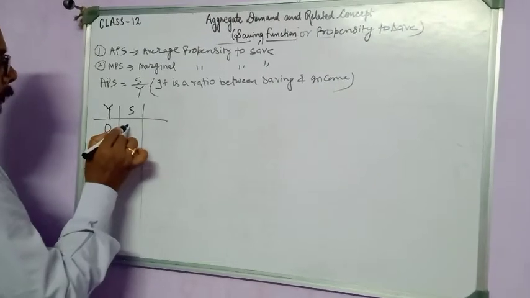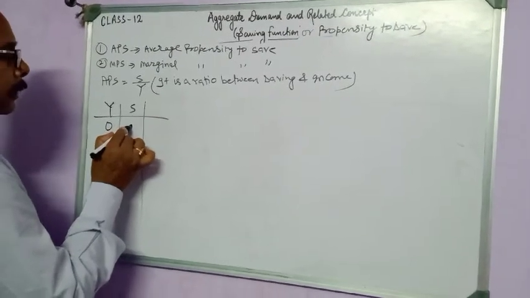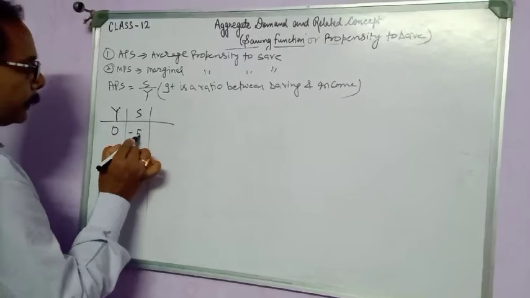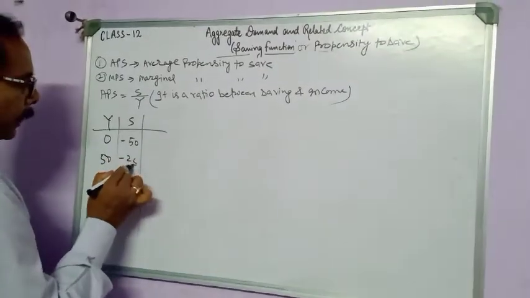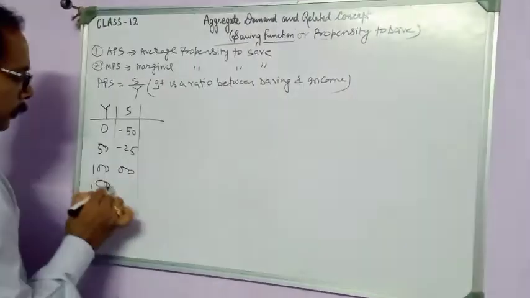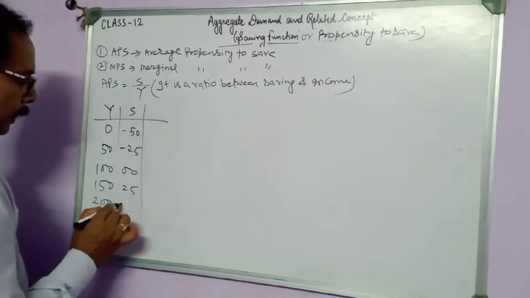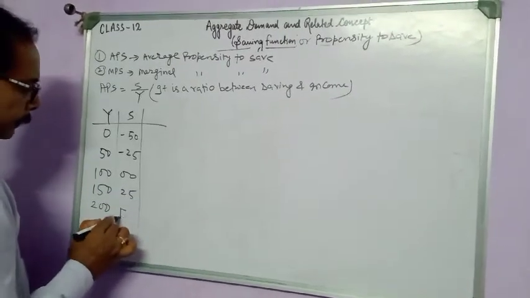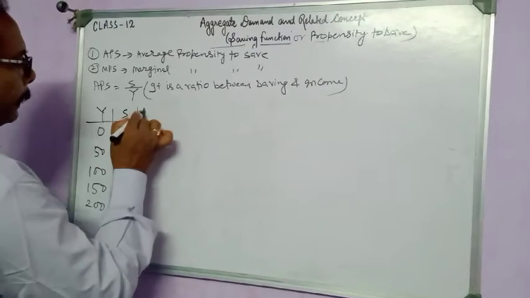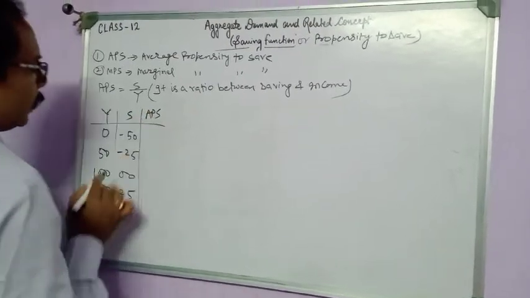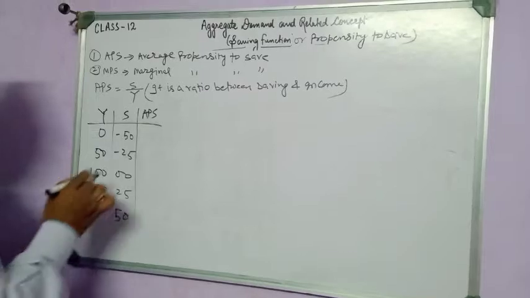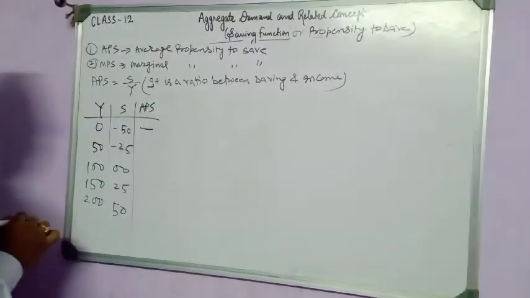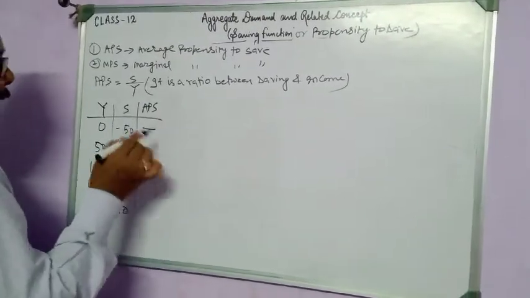Saving is minus 50, minus 25, 0, 25, and this is 50. So APS is equal to minus 50 divided by 0, that is infinite.